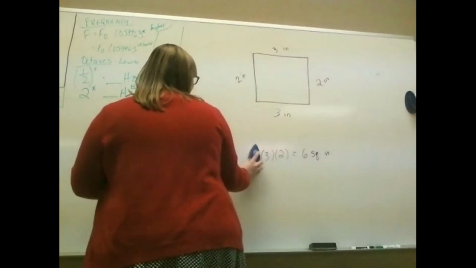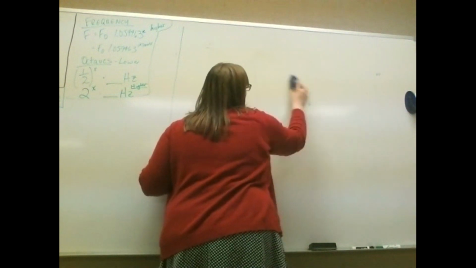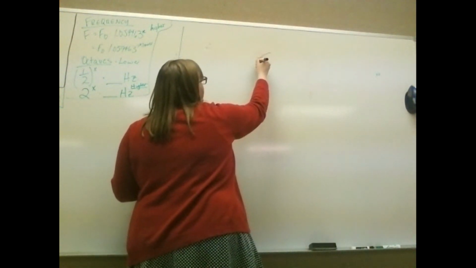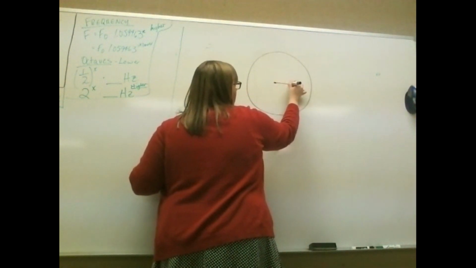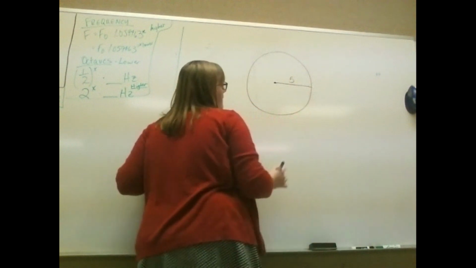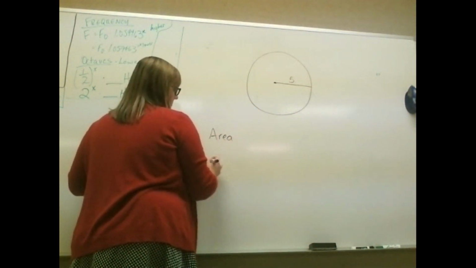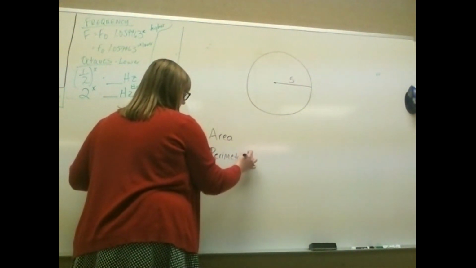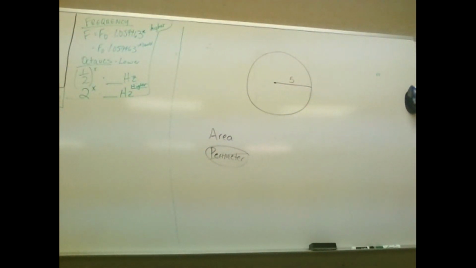All right, so now let's look at another shape. Let's look at this circle. All right, so we're not going to find the perimeter. We're just going to find the area.